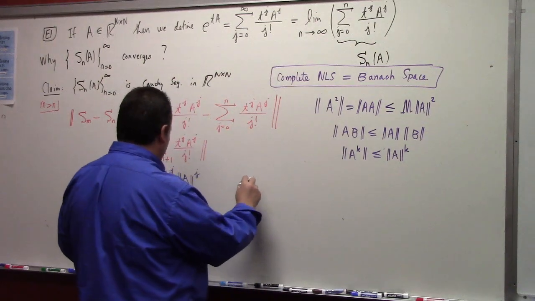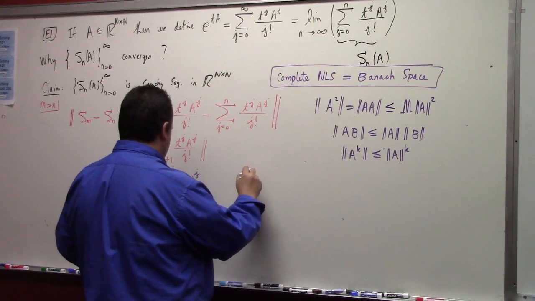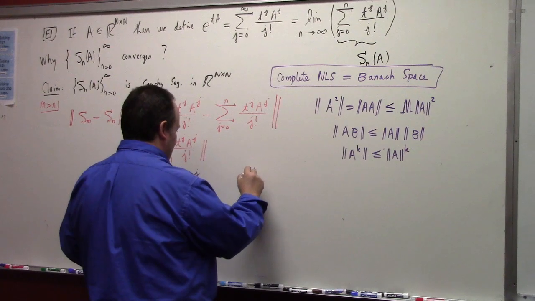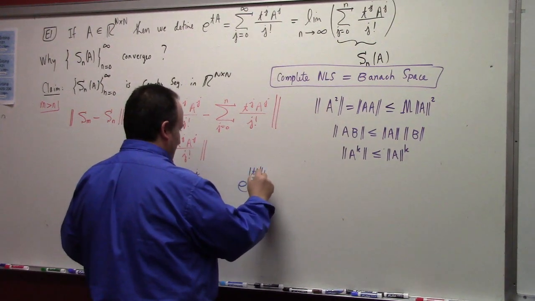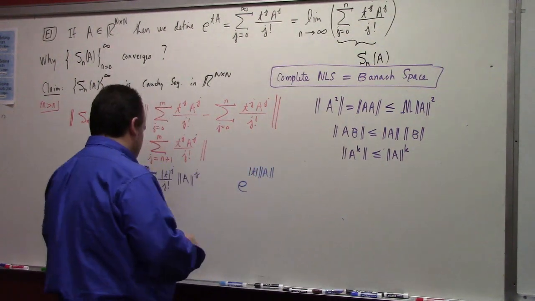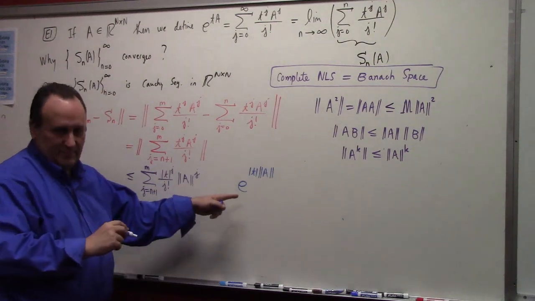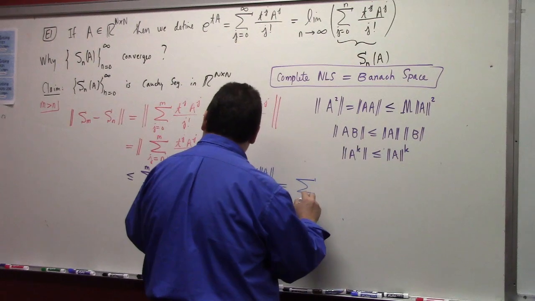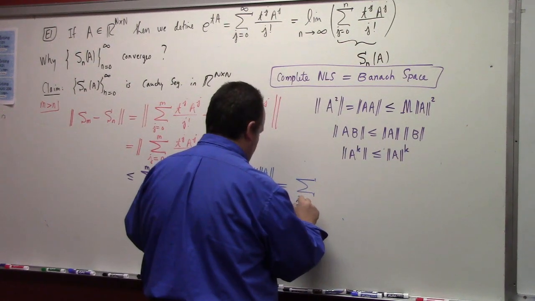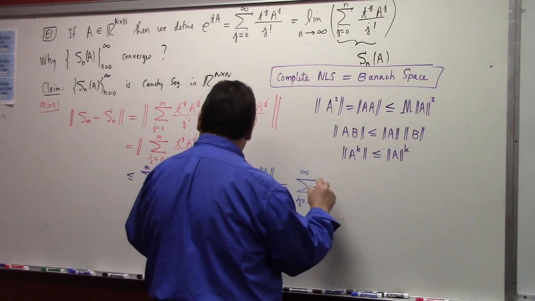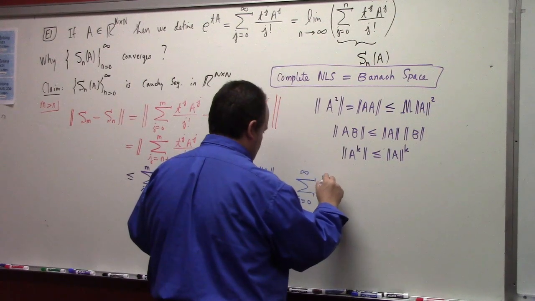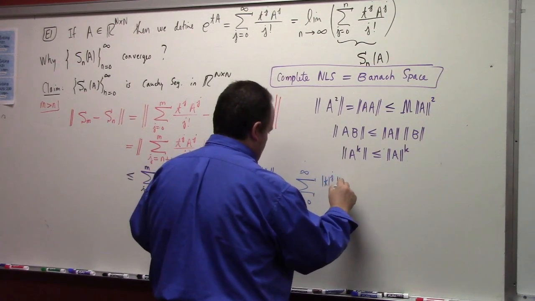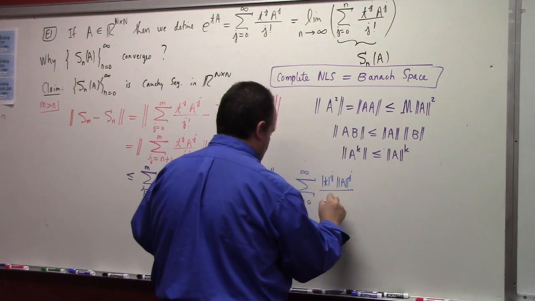So that would be like e to the absolute value of t times the norm of a. That would be the sum, let's say j equals 0 to infinity, of the norm of t to the power j, norm of a to the j over j factorial.